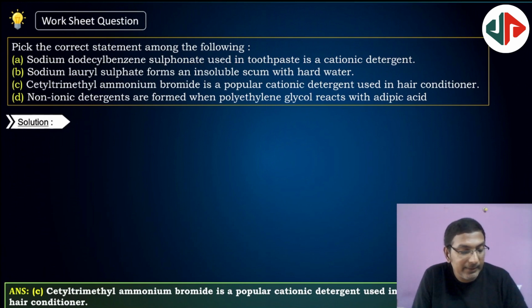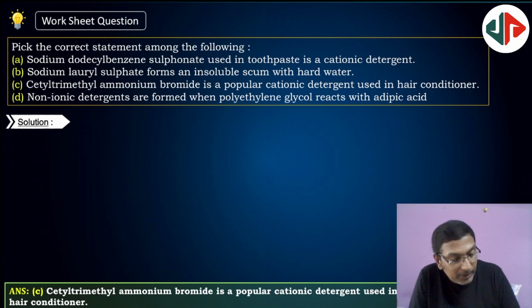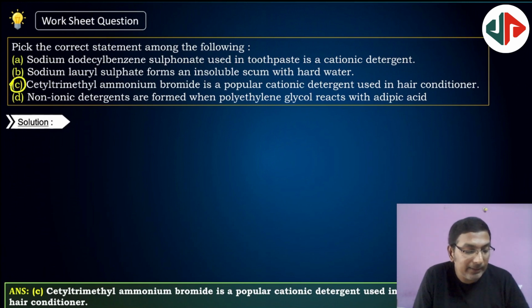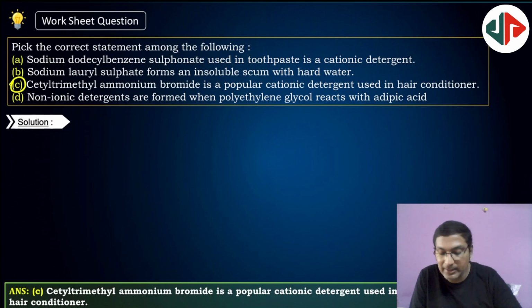Next, cetyl trimethyl ammonium bromide is a popular cationic detergent used in hair conditioner. Next, non-ionic detergents are formed when polyethylene glycol reacts with adipic acid. So option C is clearly correct. Cetyl trimethyl ammonium bromide is a popular cationic detergent used in hair conditioners.